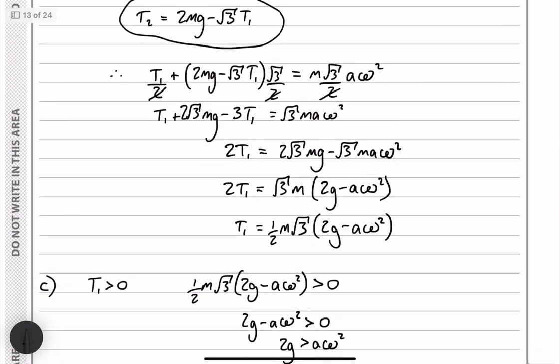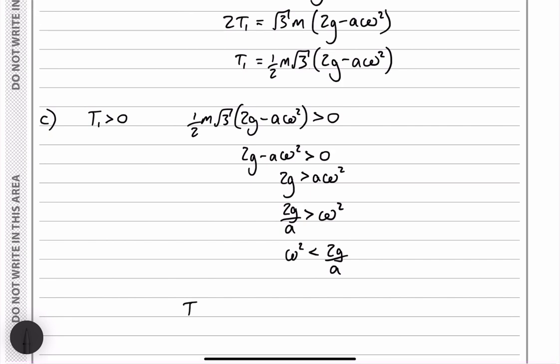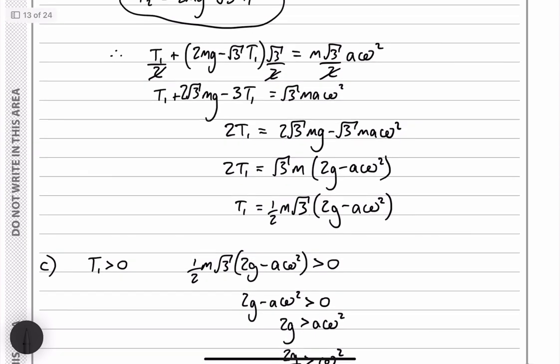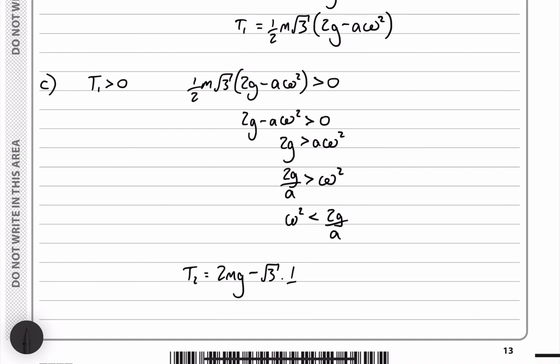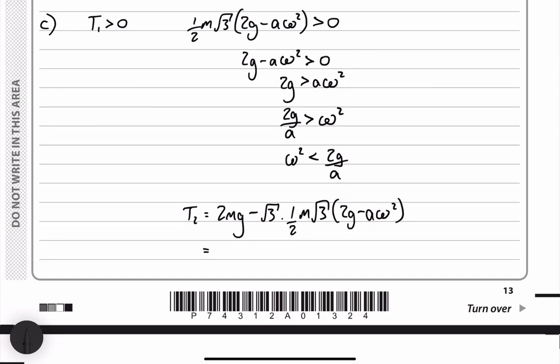So we've got 2mg minus root 3 lots of T1, which is a half m root 3 (2g minus a omega squared), like this. Tidying this up, we get 2mg minus 3 over 2 m (2g minus a omega squared).